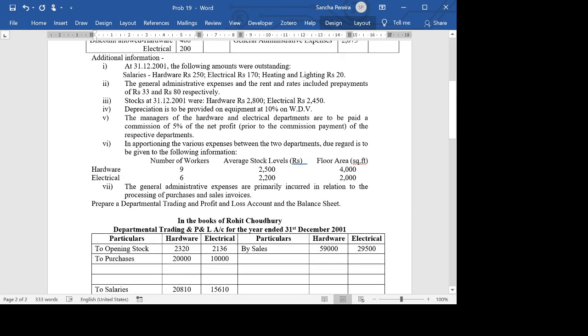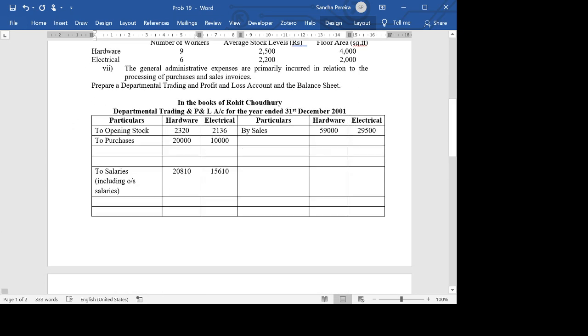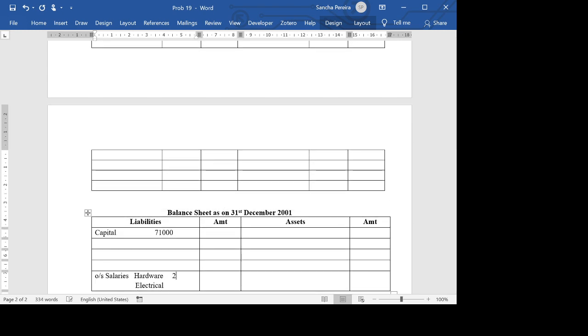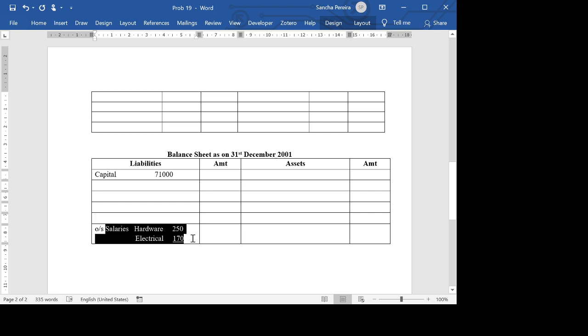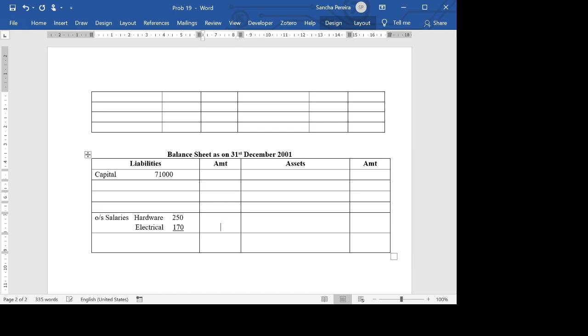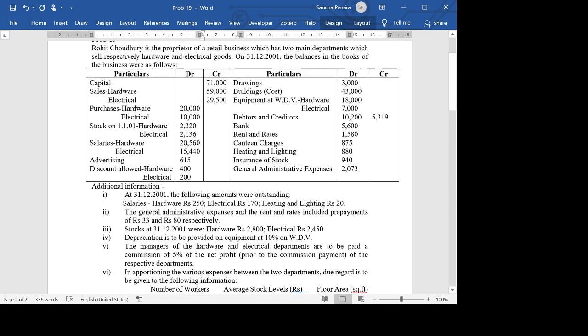Hardware it is 250, electrical 170, so that will come to 420. Then we move on to the other items.